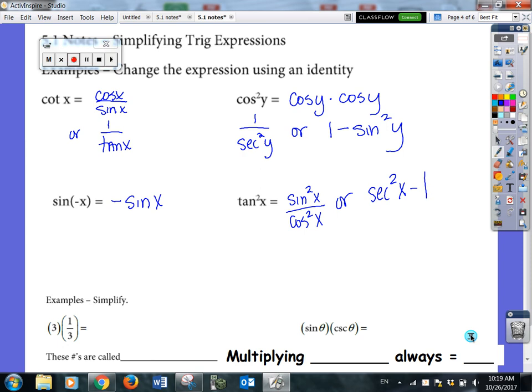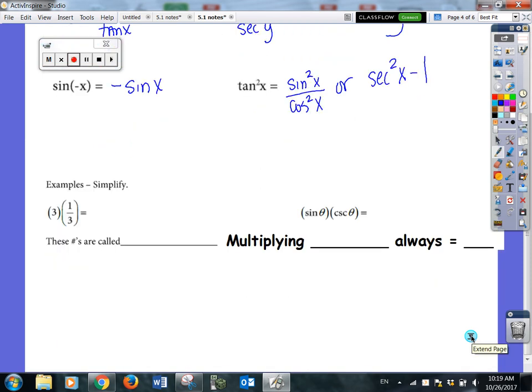Alright, and then this bottom part comes up a lot, just reminding you what these are called. So 3 times 1/3, what are those called? 3 and 1/3. Reciprocals, okay? They're called reciprocals. And when you multiply reciprocals, what do you always get? 1. So anytime you multiply reciprocals, you get 1.